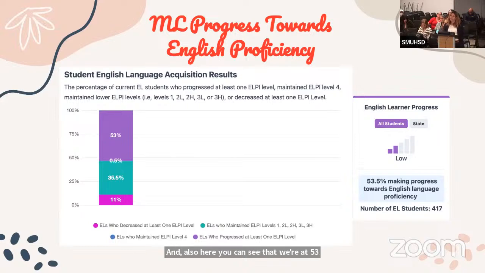Although this data in particular is a little skewed, since it's comparing 1 year to the next, and it was during the pandemic, we had many students who did not take the LPAC for the year that this was calculated. But you'll also hear later in some of the growth measures we are going to look at for progress, that this is one of the things that we will be adding in.